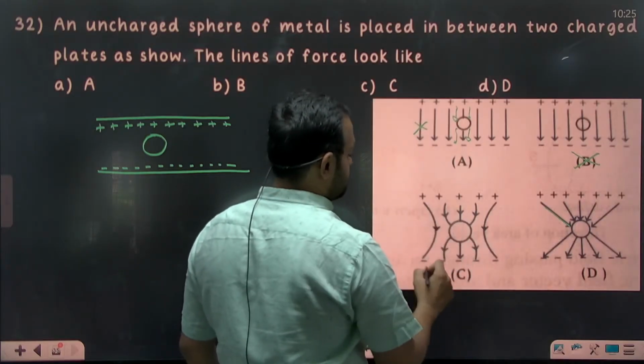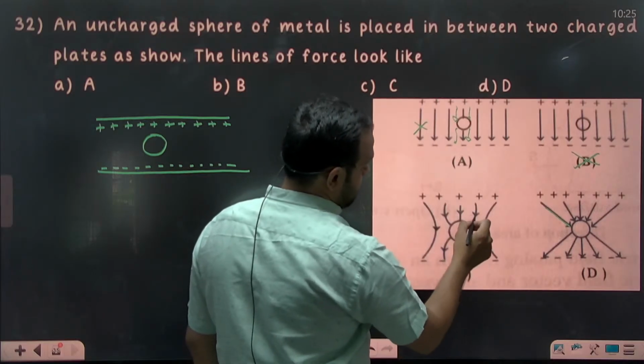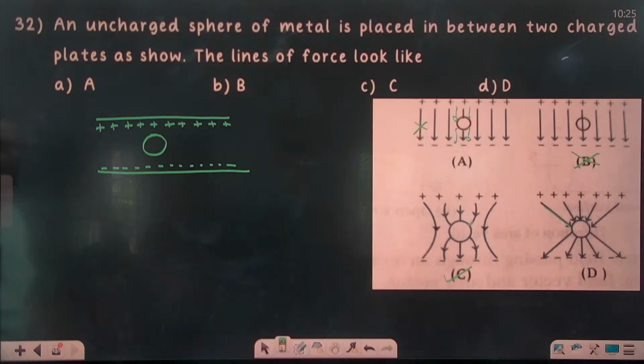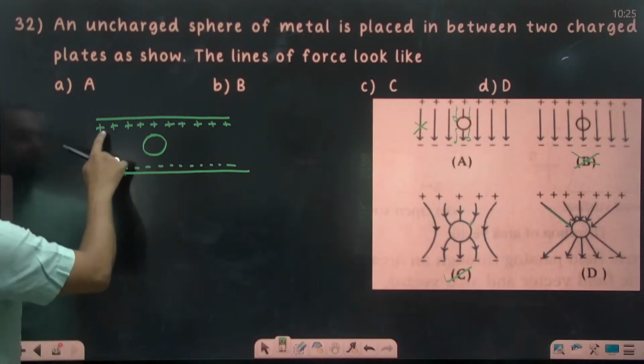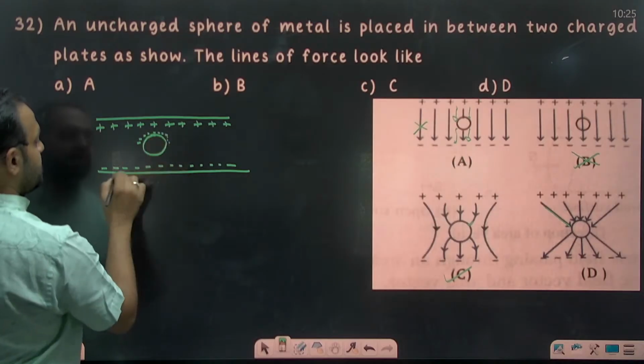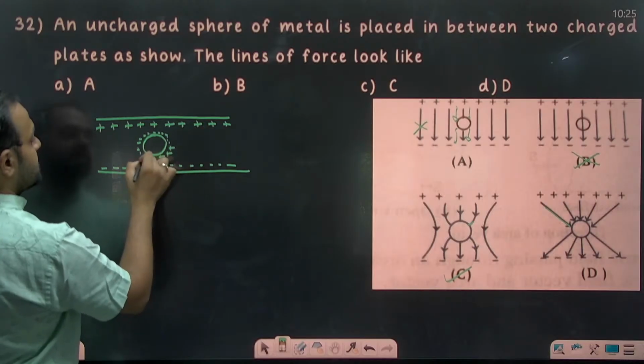If you take electric field lines at any point, they are actually perpendicular to the surface. So these positive charges will induce negative charge here, and then these negative charges will induce positive charge here.